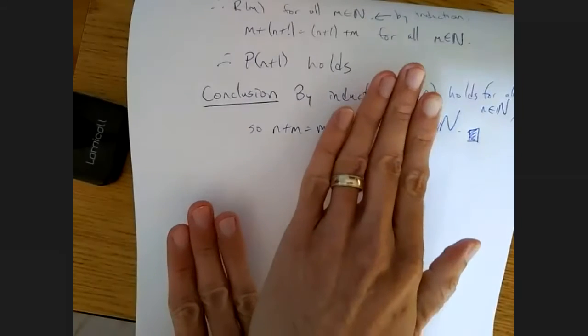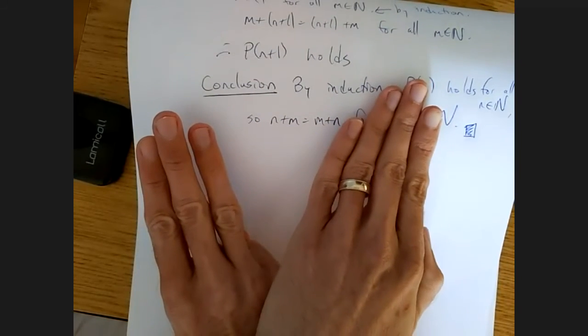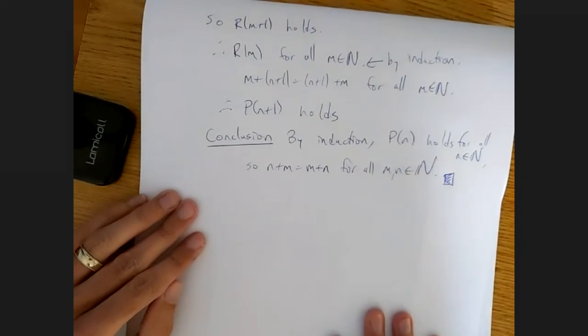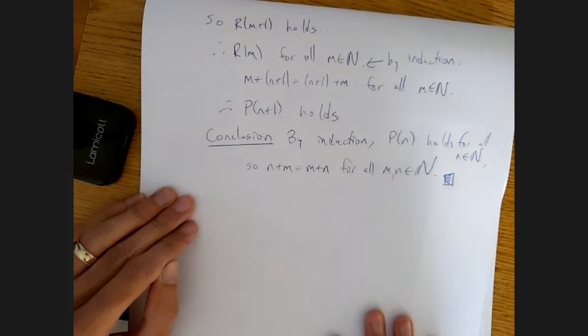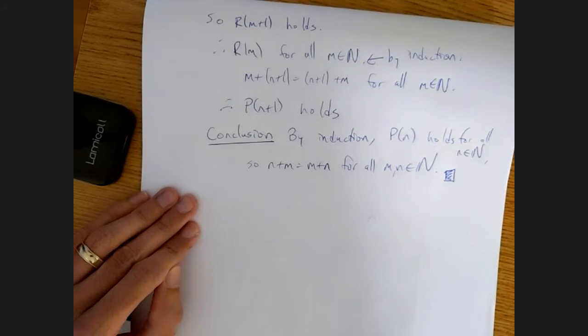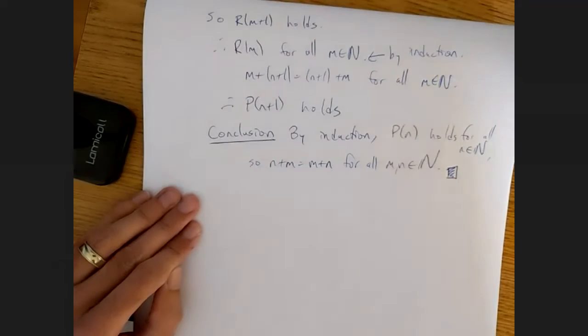Okay, sorry, 5 and 3. 5 and 3 is 3 and 5. Yeah, but now you can reassure yourself that you can prove it too.